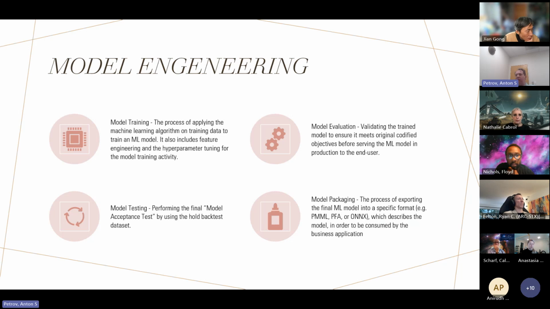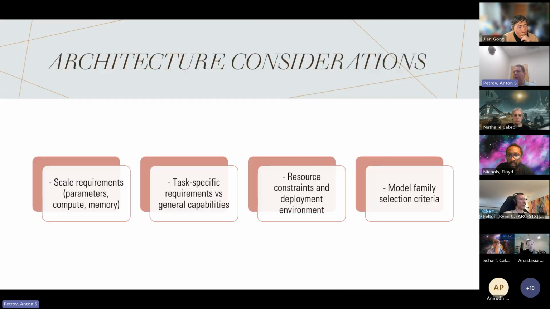Once we have the collection of processed data, the next critical step is model design. The model design itself contains several critical steps: model training, model evaluation, model testing, and model packaging.